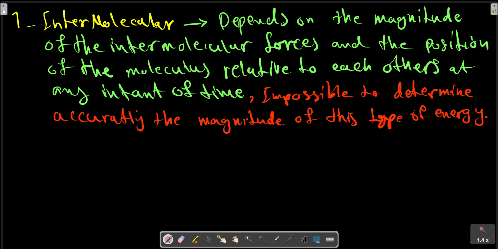The first situation is at low or moderate densities.